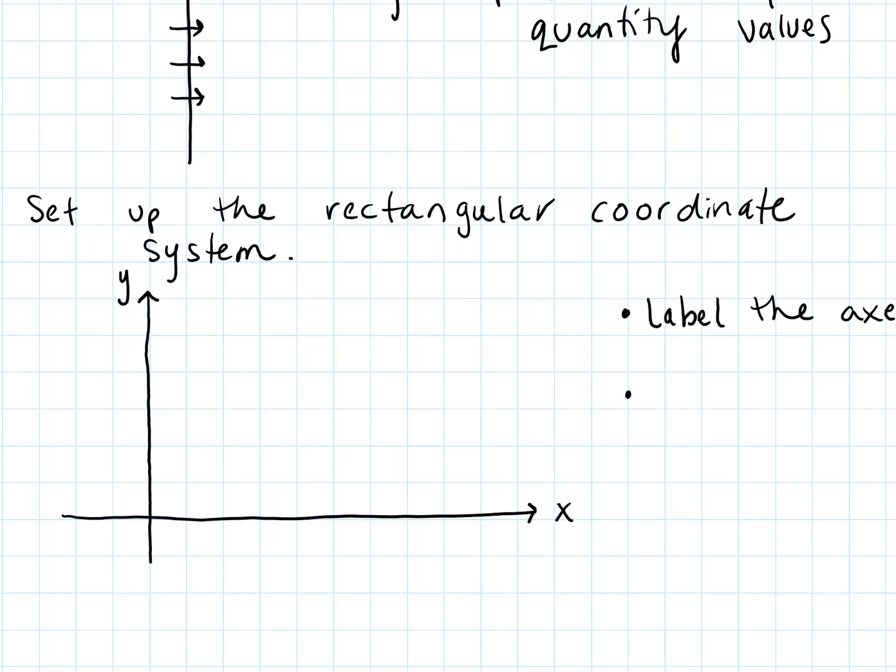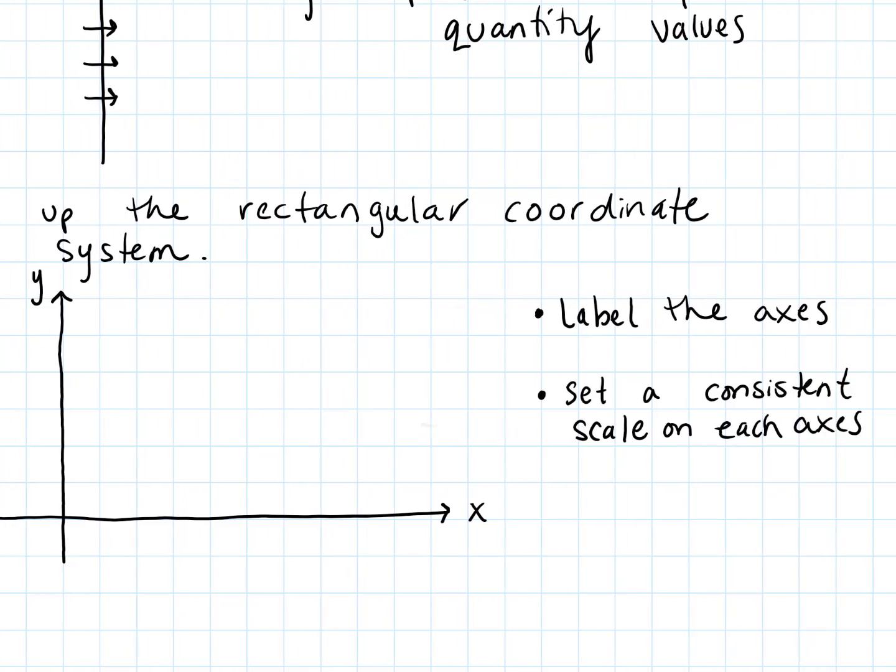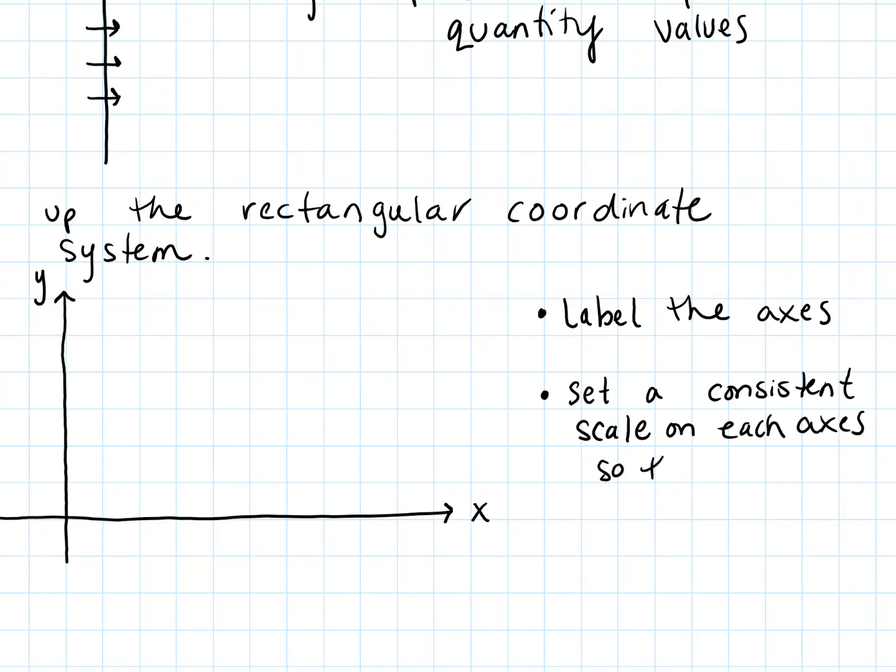Then the second thing we have to make sure we do, and this is very important, is that we use a consistent scale on each axis so that all the data can be graphed.